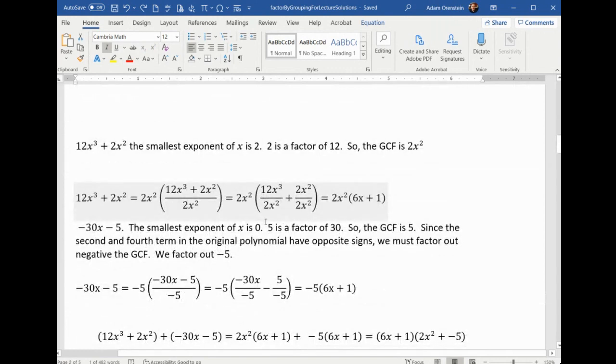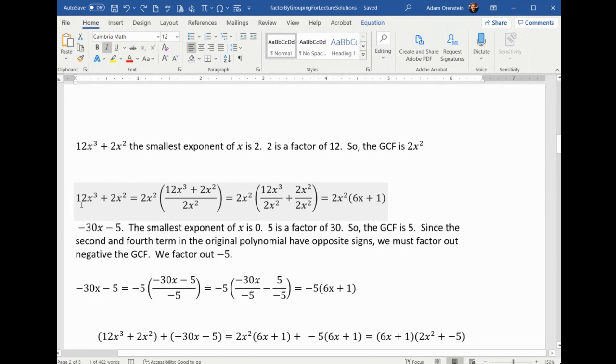And then, for the first group, the smallest exponent of x is 2. 2 is also a factor of 12. So basically, we're going to factor out 2 times x squared. That's actually the GCF, and that's what I'm doing here.